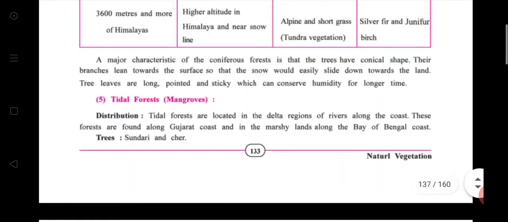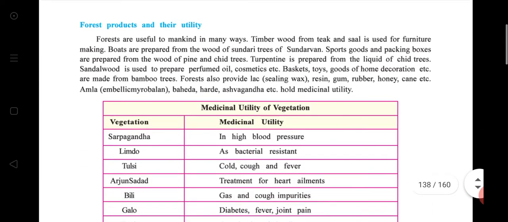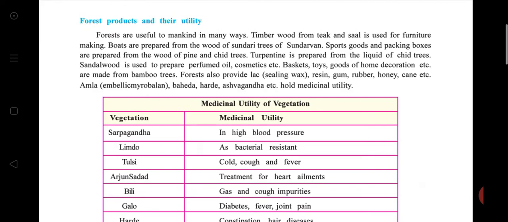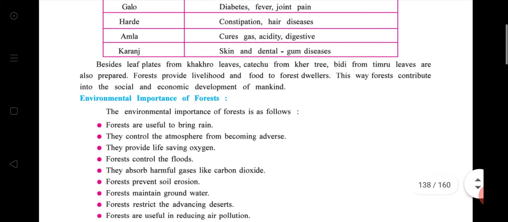In today's homework, okay, again you write the forest products and their utility in your rough book. Then the environmental importance of forest, one time in fair note and one time in rough book.